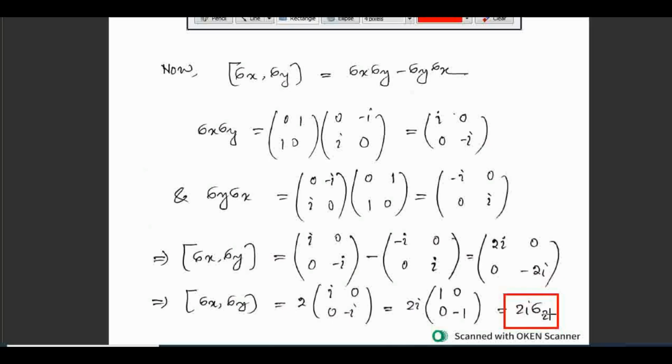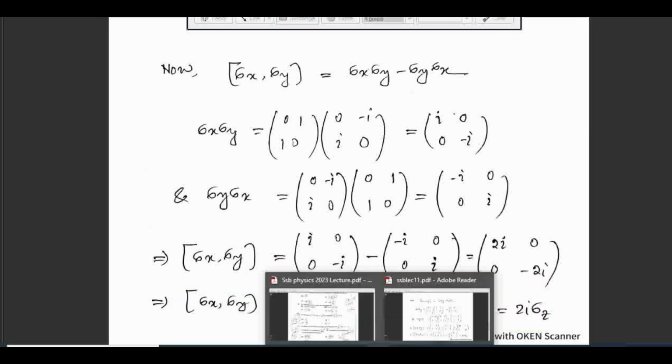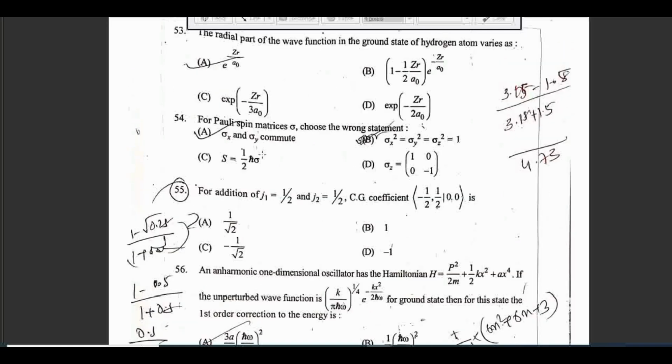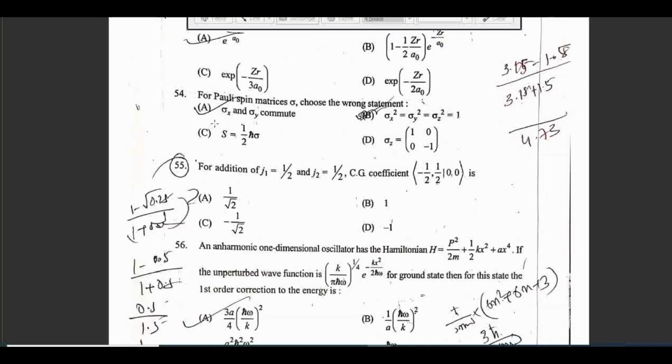As it is not 0, that means it is not commuting. If this quantity were equal to 0, it would be commuting. So option A is the wrong statement. So option A is correct.